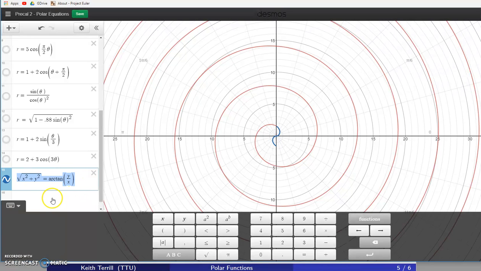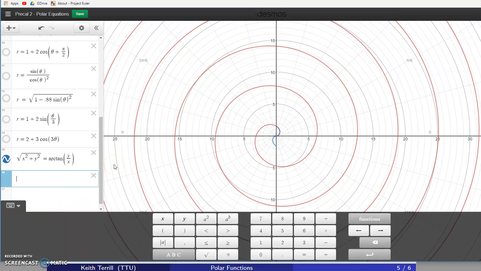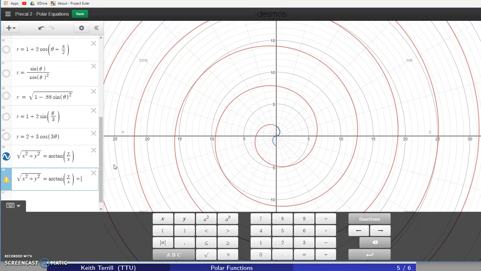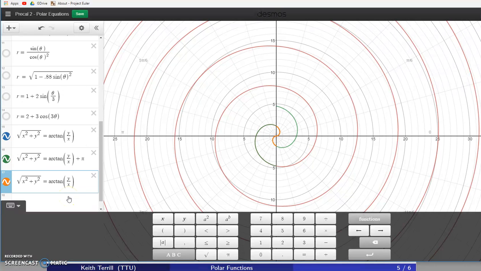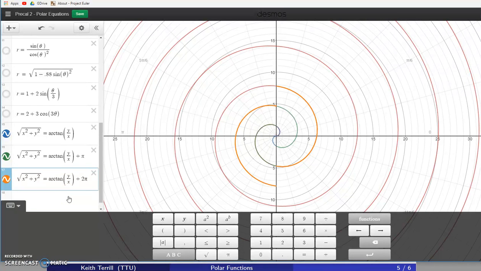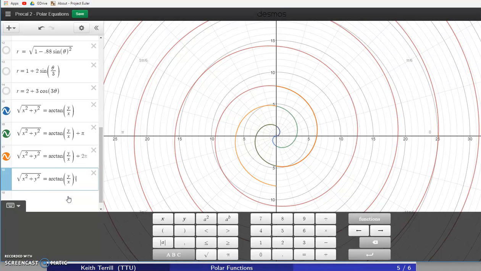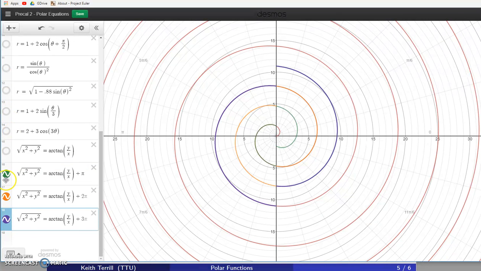Because arctangent has the restriction. It doesn't go anywhere past negative pi over 2 to pi over 2. So we would also have to include this plus pi. And then this plus 2 pi. And then this plus 3 pi. And just keep going all the way around. And you see the overlap there? Oh, there we go. Yeah, see the overlap?